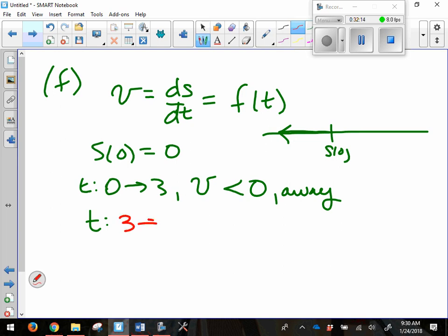And then what's it doing from 3 to 6? Well, it's moving back towards the origin, right? Because it turned around. So this is going to be towards, because we know that s of 6 is taking us back to the origin.